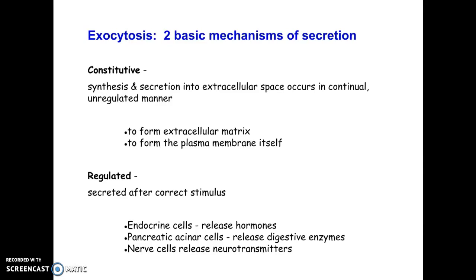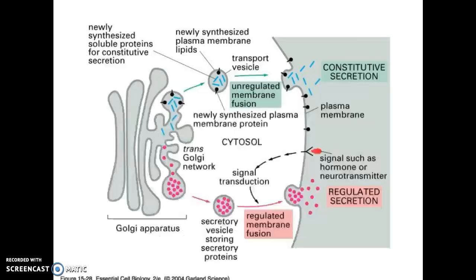And we've talked a couple of times about regulated. We talked about, like I said, the insulin, and we also talked about in nerve cells, those synaptic vesicles don't release their neurotransmitters into the synapse unless there is a membrane depolarization that allows for that calcium to come in and bind to the synaptotagmin and cause the V snares and T snares to corkscrew up.